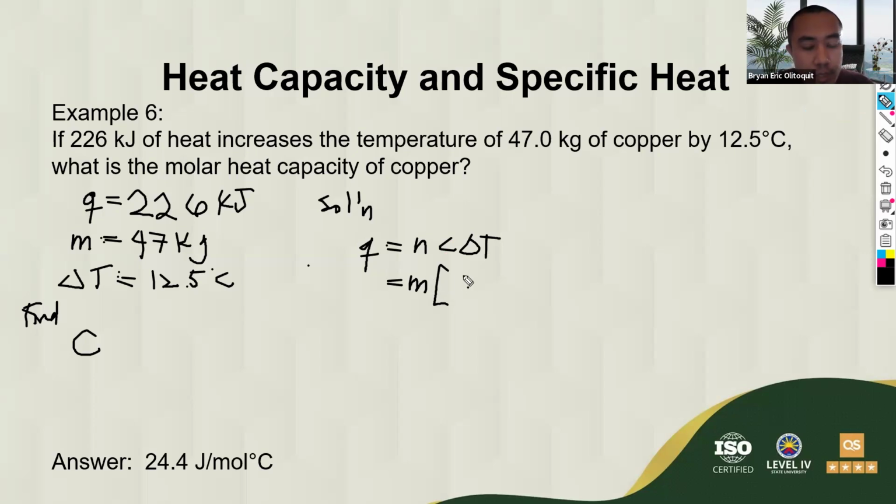Again, this is the mass times one mole per 63.546 grams.